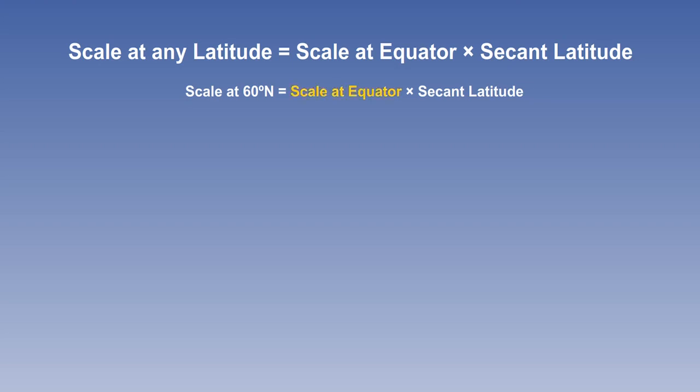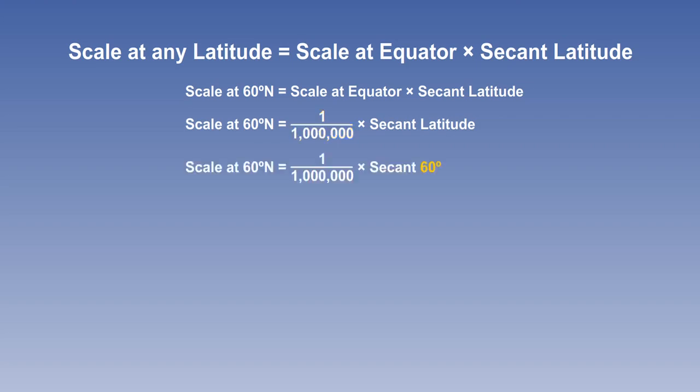Do we know scale at the equator? Yes, we do. It's given in the question. It's 1 to 1 million, so let's put it in. Now, what about the latitude? It's 60 north. Put it in. However, that's not a very convenient form for us. Firstly, we don't have a secant function on our calculator.